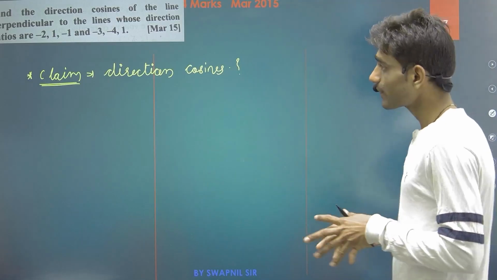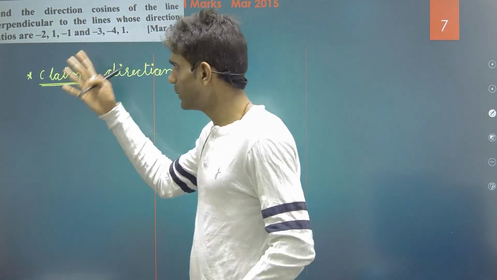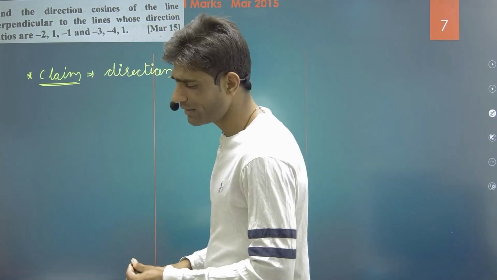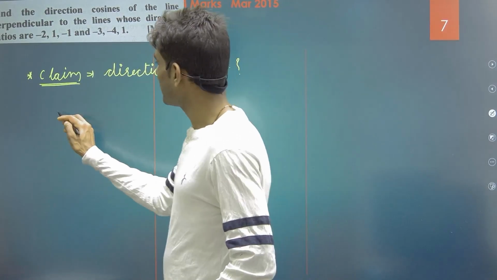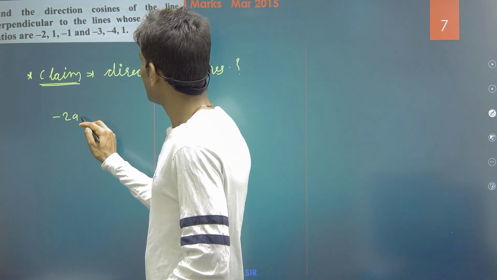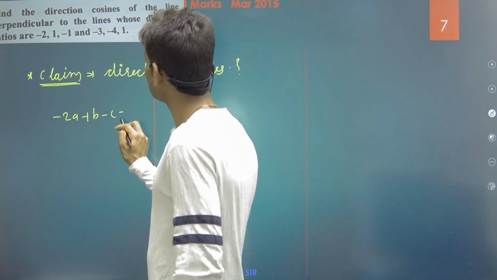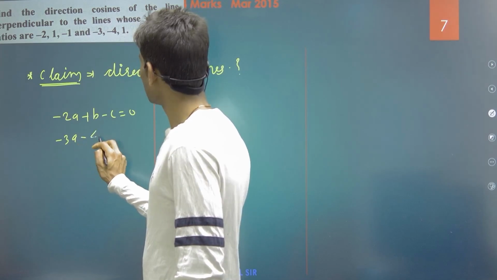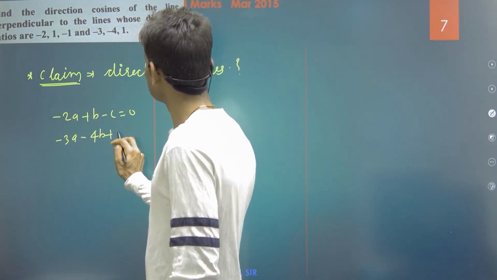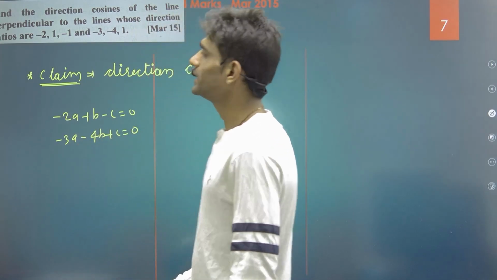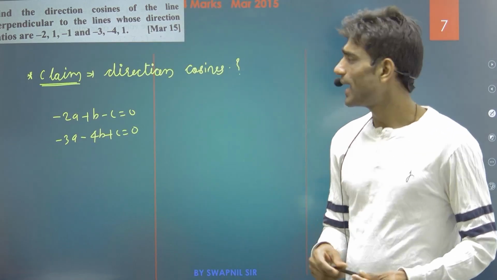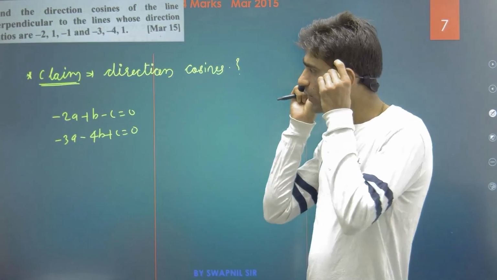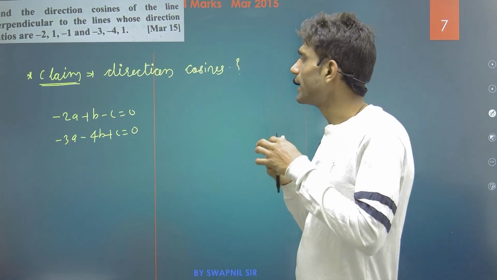First of all, introduce the variables A, B, C here. So we can write minus 2 times A plus B minus C equal to 0, and minus 3 times A minus 4 times B plus C equal to 0. These two equations we have here, and using both of them we have to find the direction cosines.